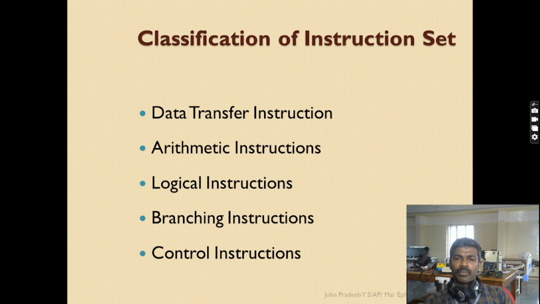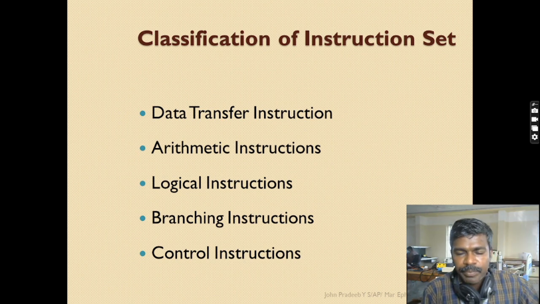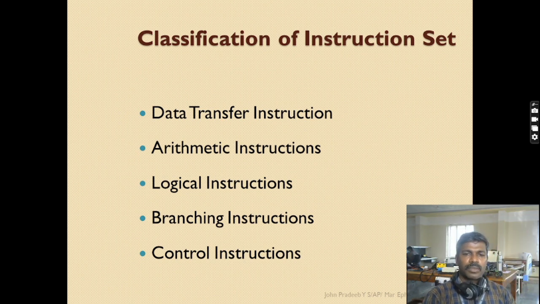It has some more instructions also: addition with carry, addition with carry bytes, and add immediate. All these operations are present inside the arithmetic instructions. Logical operations, AND, OR, XOR and NOT, are present inside the logical instructions. So logical-performing instructions are grouped together and formed as the logical instruction.